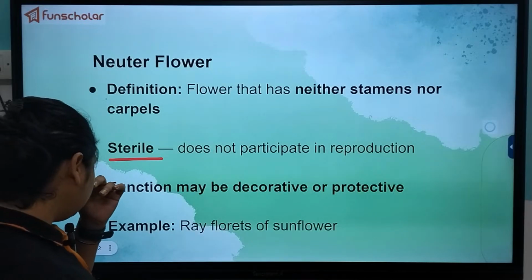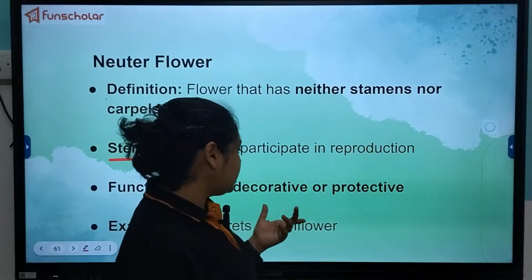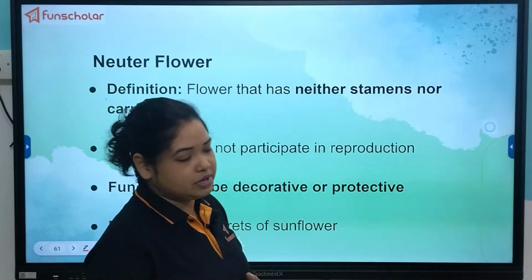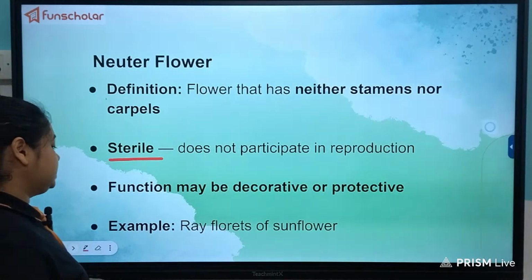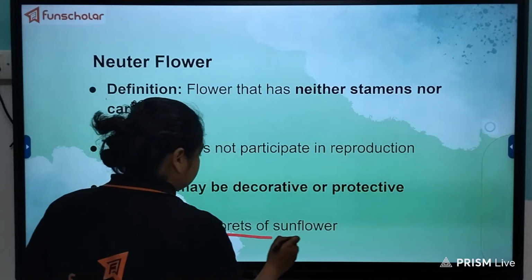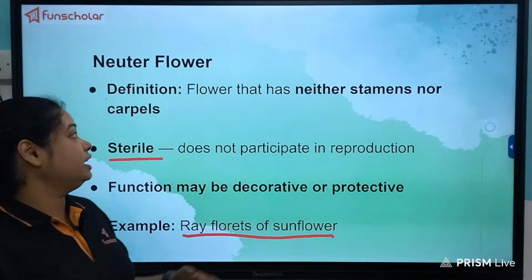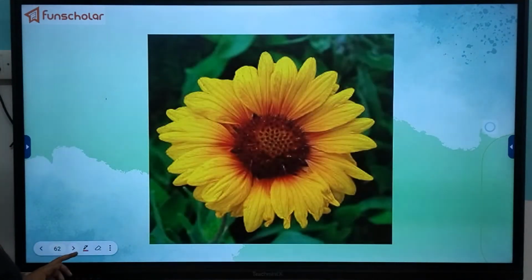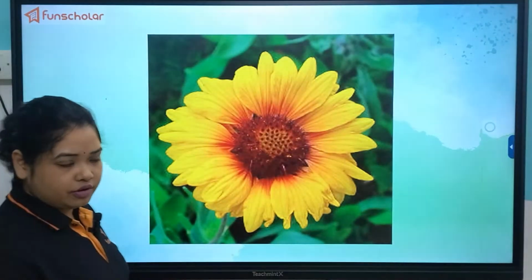Then why are these flowers produced? They can be for decorative or protective purposes, but not for reproduction. Example: the ray florets of sunflower, which do not contain either the stamen or the pistil. So here is the example of the neuter flower.